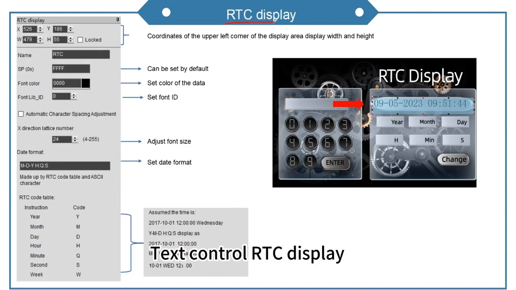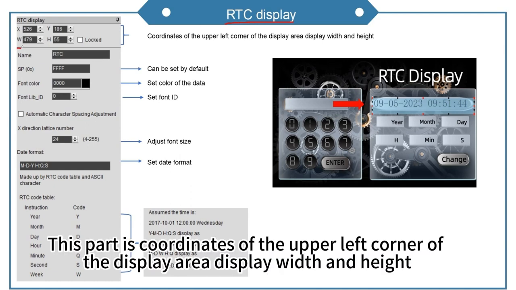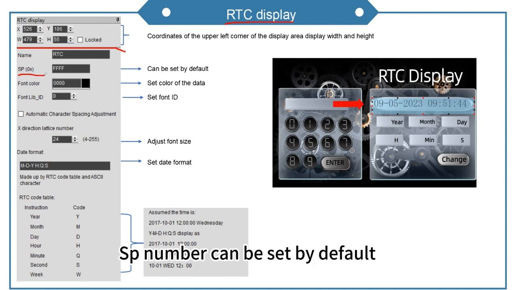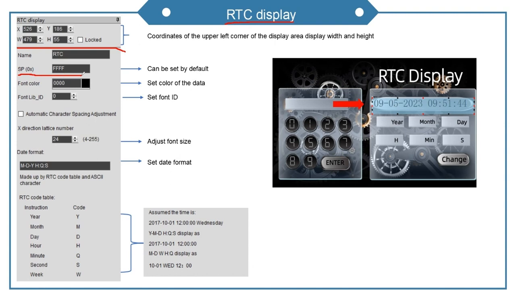Text control RTC display. This part is the coordinates of the upper left corner of the display area, display width and height. SP number can be set by default. Font color I set black. Font ID I set 0.